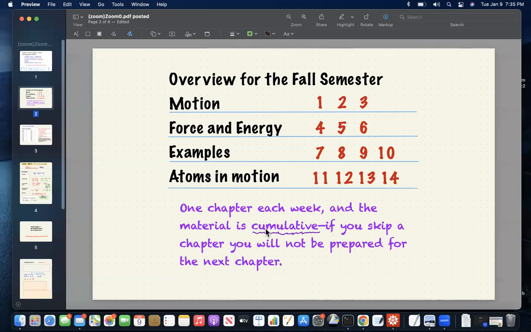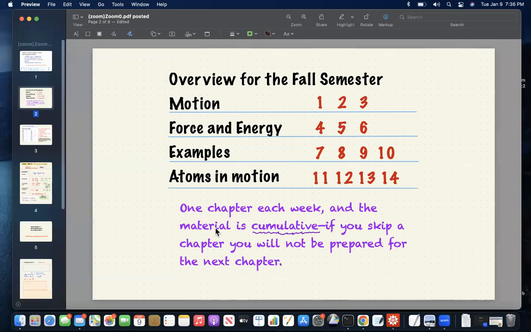And the thing is, the material is cumulative. You need to understand chapter 4 in order to go on to chapter 5. You need to understand chapter 5 in order to go on to chapter 6. So if you skip a chapter, you won't be prepared for the next chapter and for the later chapters.